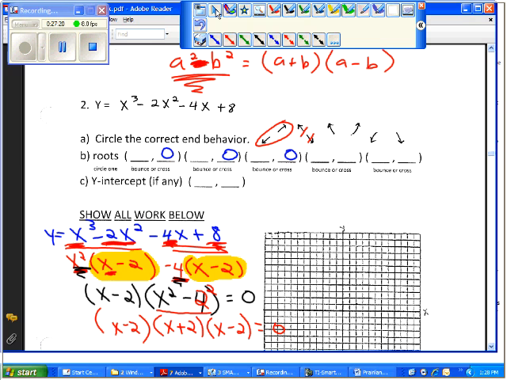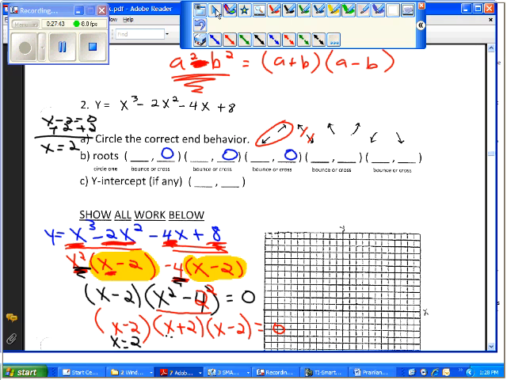So my roots, those are my factors. I've got to find my roots, right? If it's x minus 2, what's the root? Positive 2, right? Because you'd put it equal to 0. You'd have to say x minus 2 equals 0, plus 2 plus 2, x equals 2. Okay?